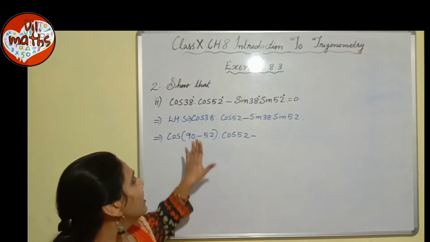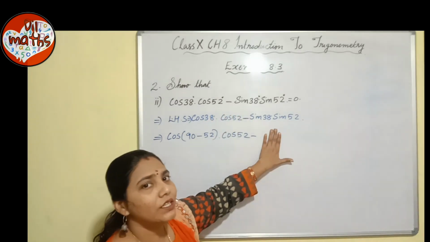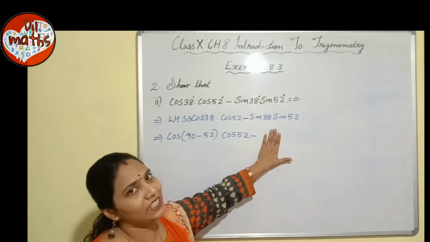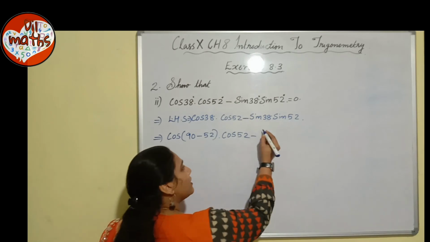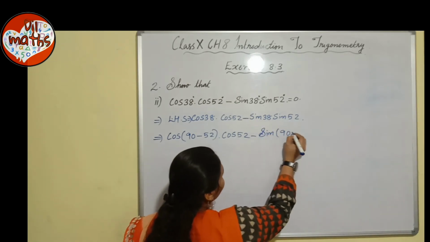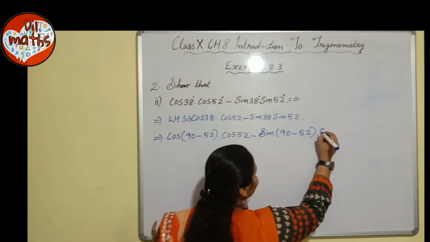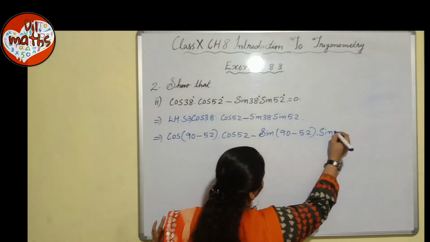So if you are changing the first term 38, the second term also you have to change 38. So instead of 38, what I have to write? 90 minus 52, into what is remaining, sin 52.